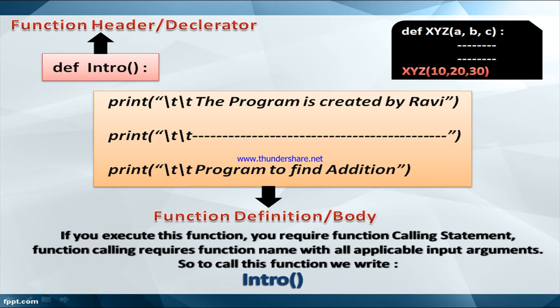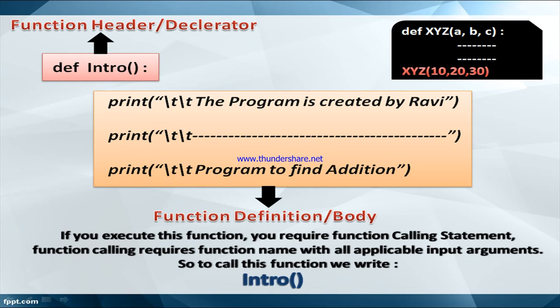Now, if we want to execute this function, we require a function calling statement. If function calling is not there in our program, this function will not execute at all. Function calling requires the function name with all applicable input arguments. Now it is another word, that is input argument, or we can say input parameters.